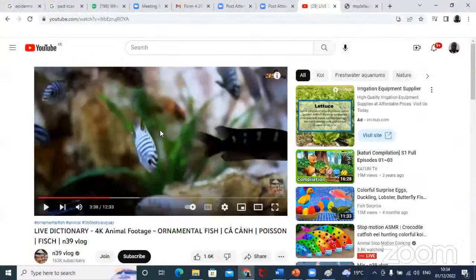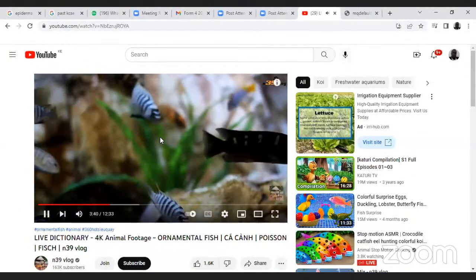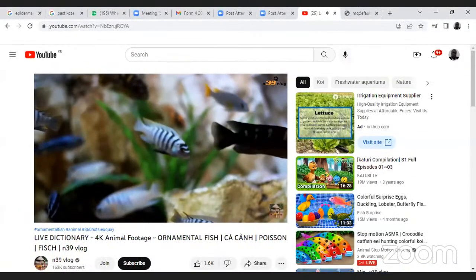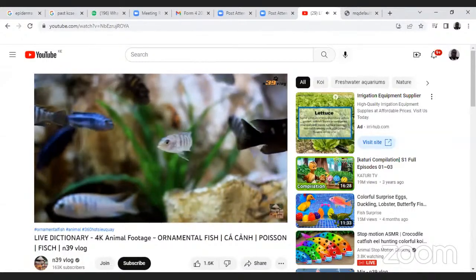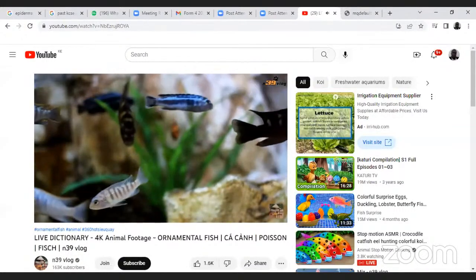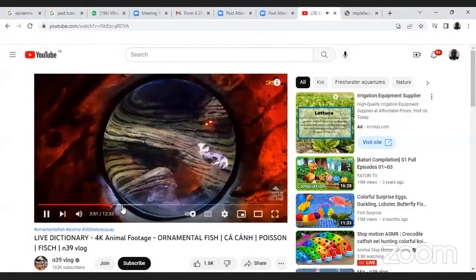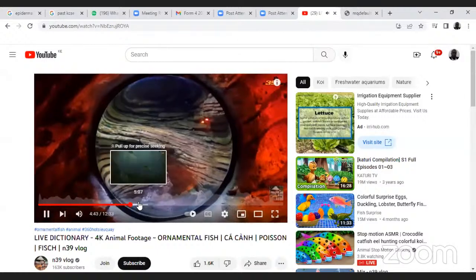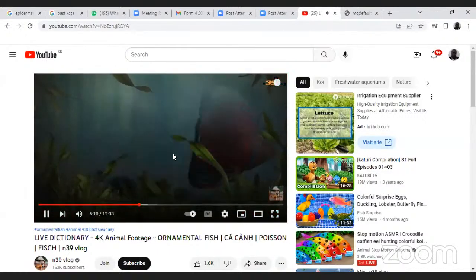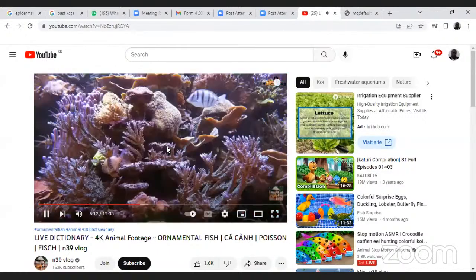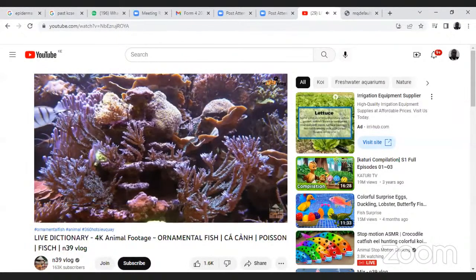I want you to see that as the fish moves, there's a likelihood of moving downwards. Are you seeing that? If it moves a little, you see it wants to go down. So that tendency of the head of the fish moving downwards as it moves is what is called pitching.